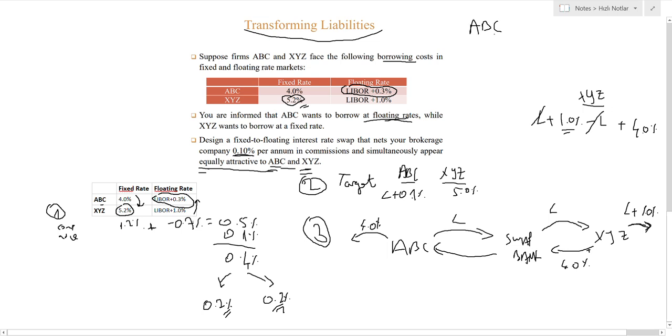Let's look at the ABC company from here. ABC company has LIBOR, that's good, plus 4%, but for the inner arrow, this will be minus. So what was the target? LIBOR plus 0.1%. Then we should write 3.9 to find LIBOR plus 0.1%.